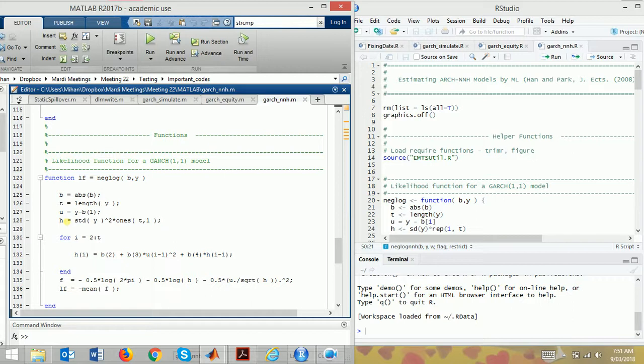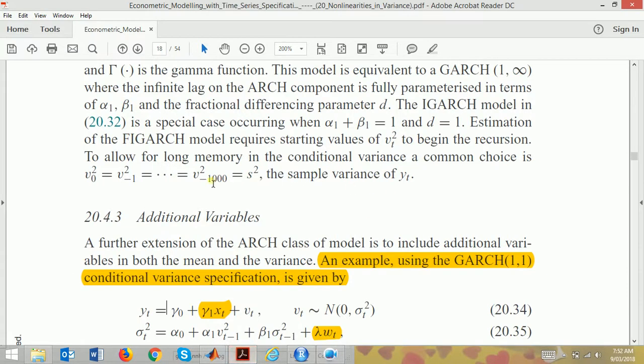So u equals y1 minus alpha 1, or the residual. Basically, you can explain it another way: y minus the forecast error, because the forecast error is basically the actual value minus the variance, right? So what was the forecast error?